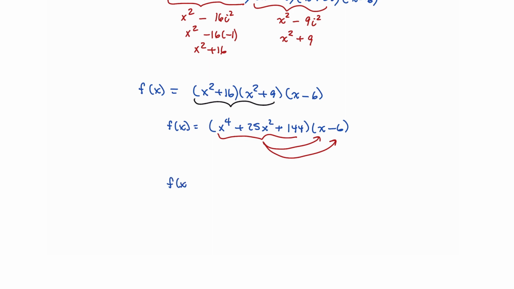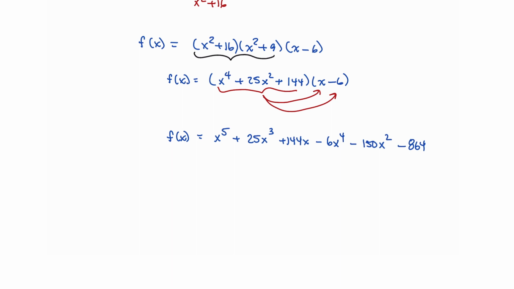So f of x is still equal to x to the fourth times x is x to the fifth. 25x squared times x is 25x to the third. 144 times x is, well, 144x. x to the fourth times the minus 6 is minus 6x to the fourth. 25x squared times the minus 6 is minus 150x squared. And 144 times minus 6 is minus 864.